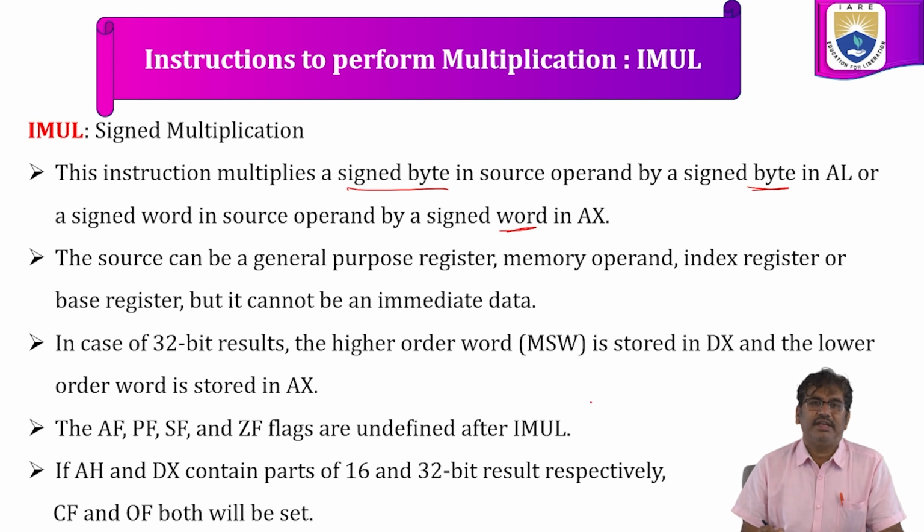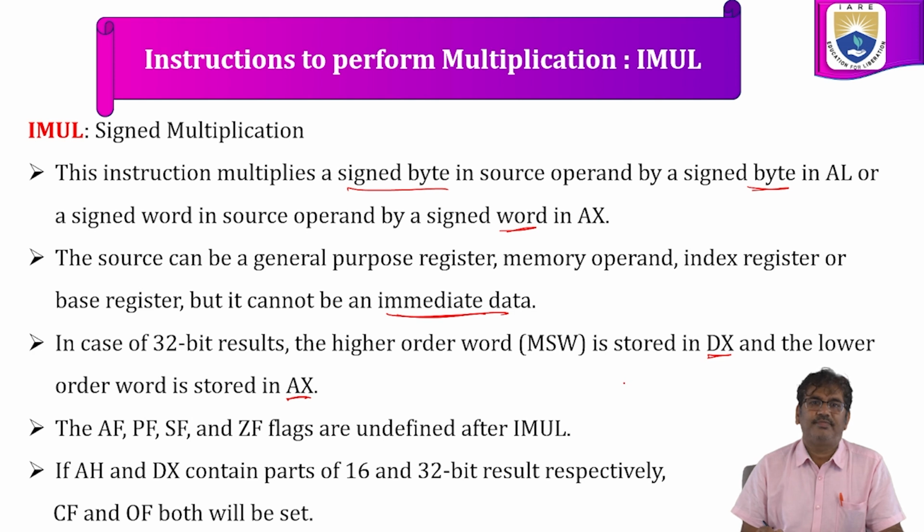The source can be a general purpose register or memory operand, index register or base register, but it cannot be immediate data. In case of a 32-bit result, the higher order word, that is the upper 16 bits, we can see in the DX register, and the lower order word, which is the lower 16 bits, we can find in the AX register.